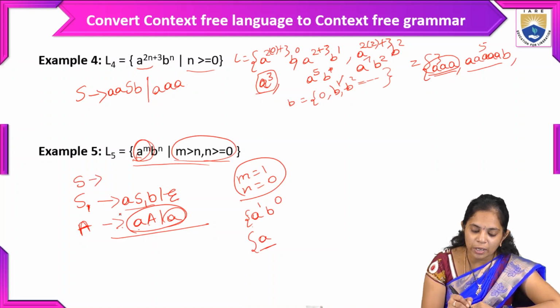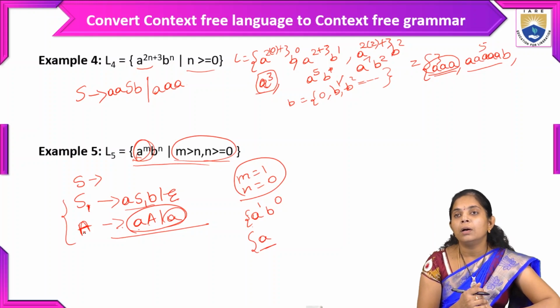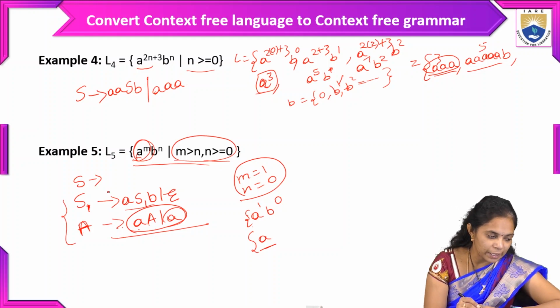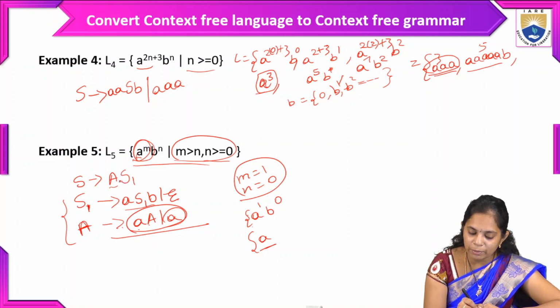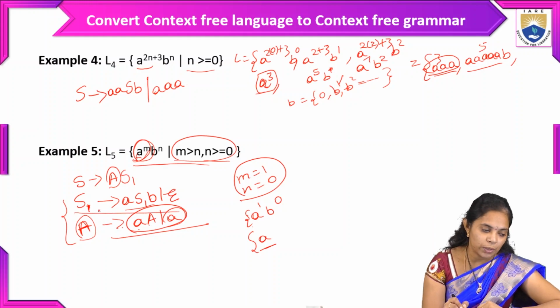Here we are going to concatenate these two production rules. How will we concatenate? S tends to A S1. Why? Because A power m is the start, so I have written capital A first, and then it is followed by S1. So this is about the production rules.